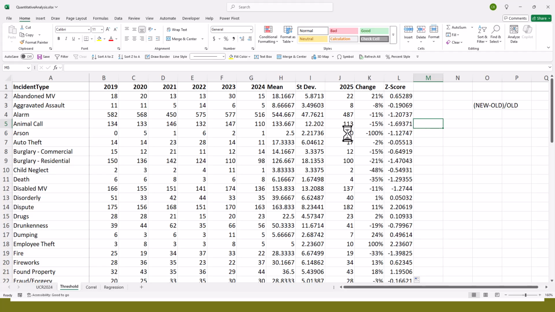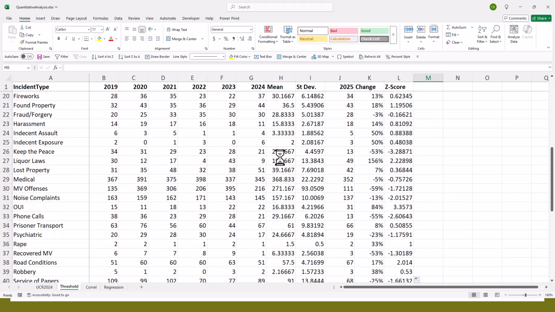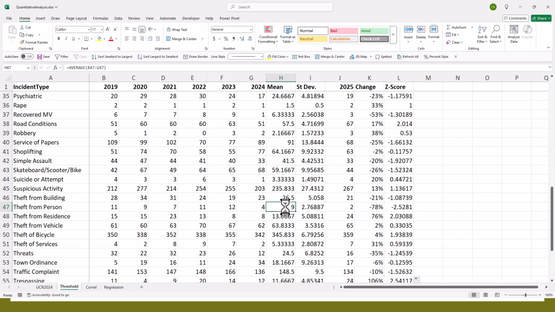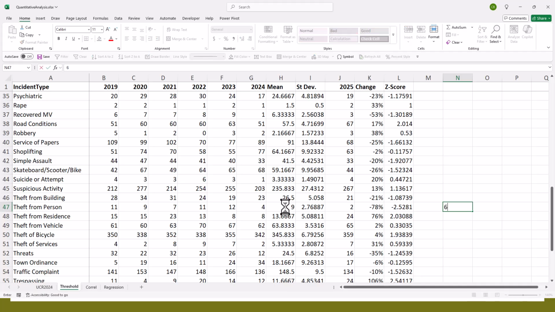So, remember the windows that I was talking about, right? So let's do another one. Again, it's easiest if it's something where it's an exact mean. Okay, thefts from persons. Mean of 9, standard deviation of 2.7. Let's make it 3. So 9 minus 3 is 6, right? 9 plus 3 is 12.